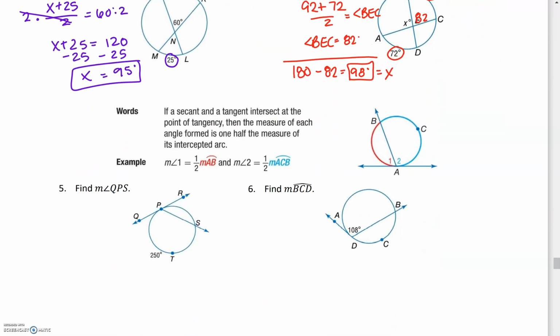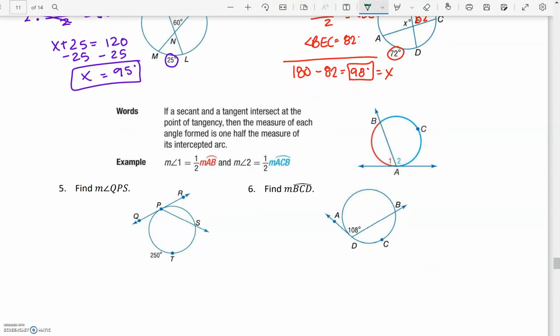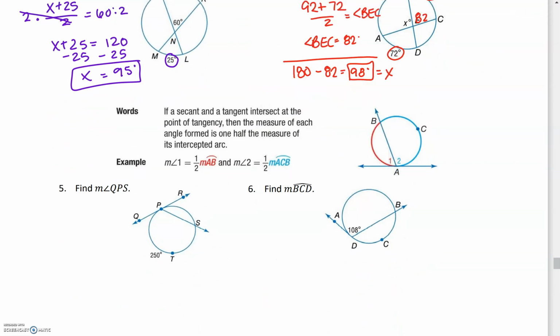We kind of saw in our 8.5 lesson, or no, actually it was the one before that, 8.4, the inscribed angles, where we had something like this, and this angle was half of this arc. We have that same thing with secants and tangents meeting up here.